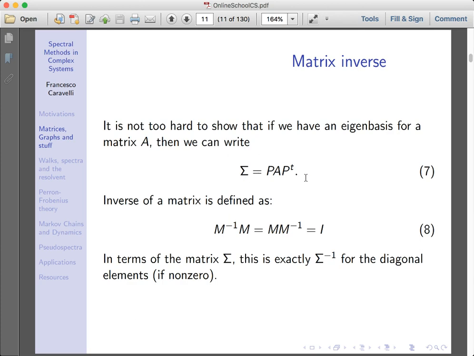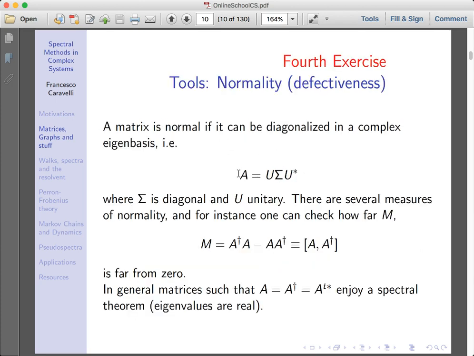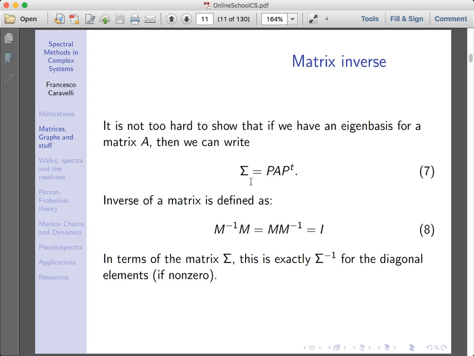Sorry, let me rephrase. The matrix inverse is defined as the matrix such that M inverse multiplied by M, both on left and right, is equal to the identity matrix, a matrix made only of ones.